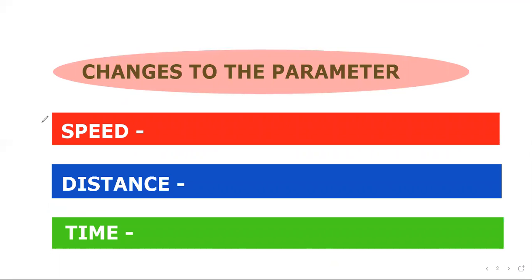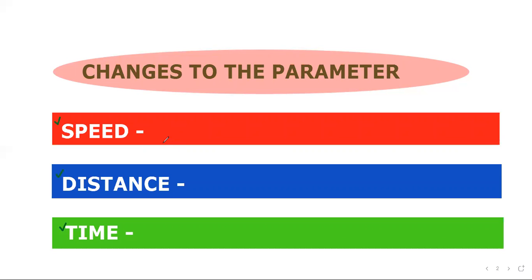So we have basically three parameters: speed, distance, and time. Let's talk about the speed. Whenever you have two objects, the object can be a train, a man, a pole, a platform, a bridge, or anything.